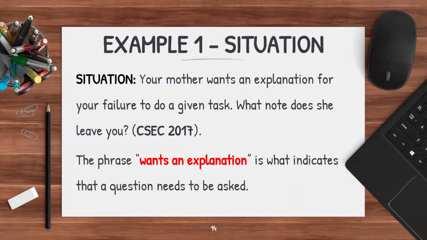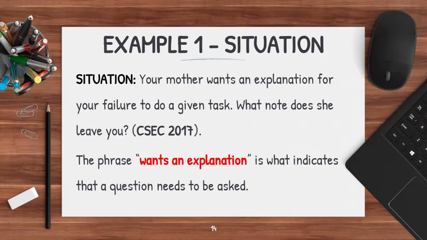Let's look at our first situation here. This one is from 2017's past paper. Your mother wants an explanation for your failure to do a given task. What note does she leave you? So you will see that I have written a note below here.